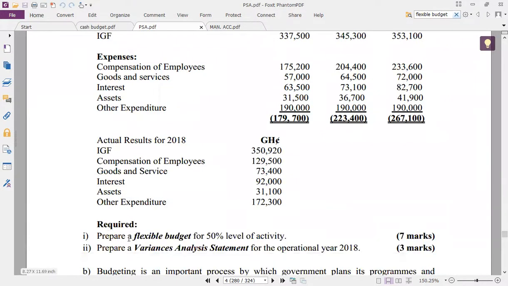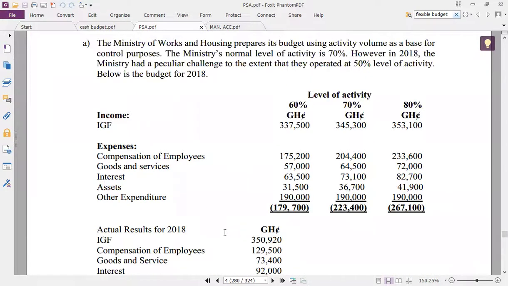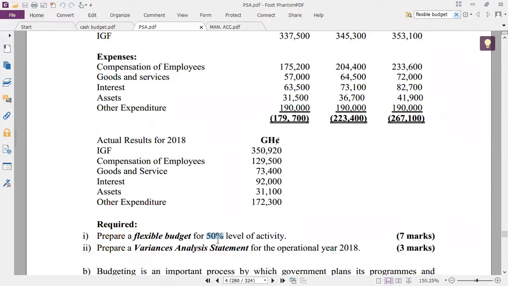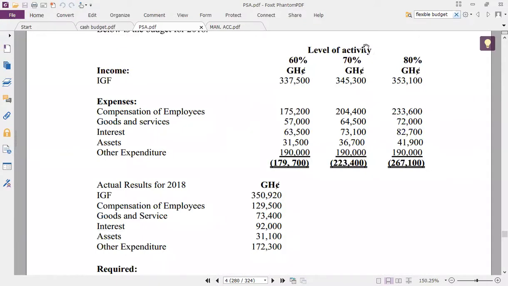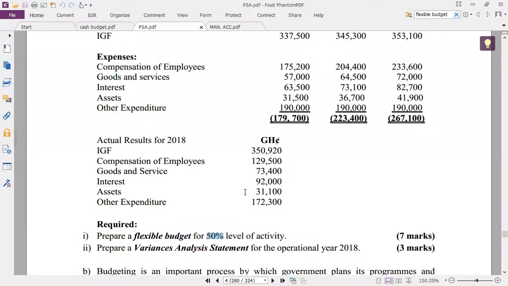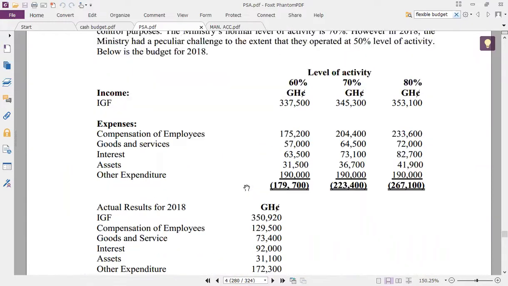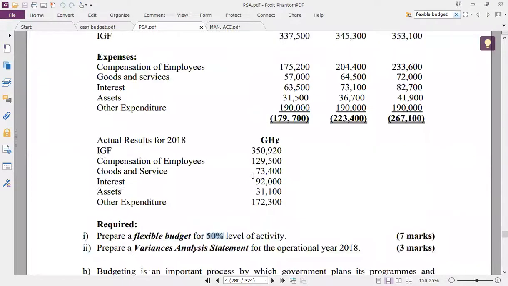You are required to prepare a flexible budget for 50% level of activity. The ministry's normal level is 70. So how do you get the flex at 70 and you prepare variance? Variance compares the flexible budget to that of the actual. That is all. Now look at this question carefully.